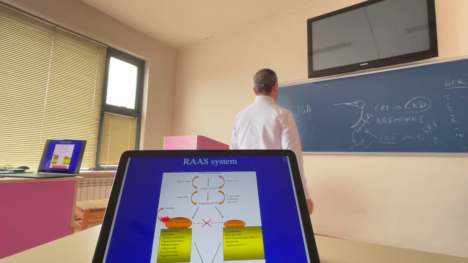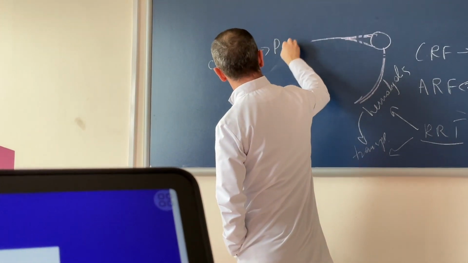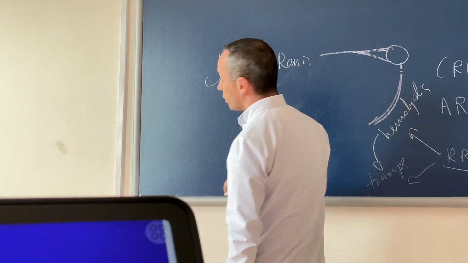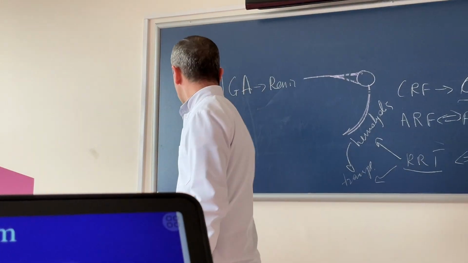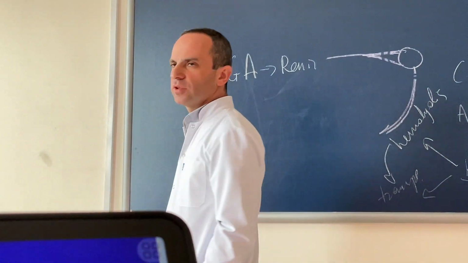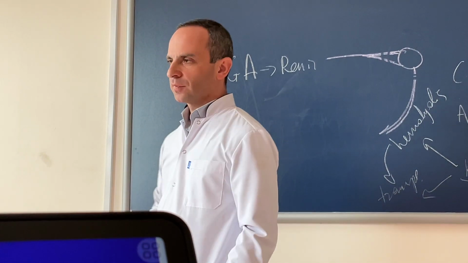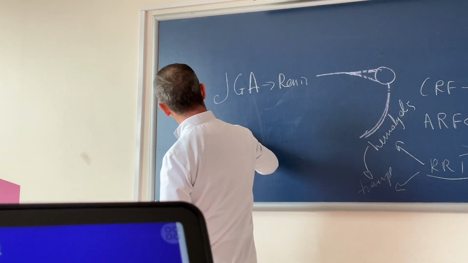So how does the RAS work? The juxtaglomerular apparatus releases renin. Renin is released in response to 3 conditions. Let's start from the less well known. The juxtaglomerular apparatus receives beta-1 innervation.